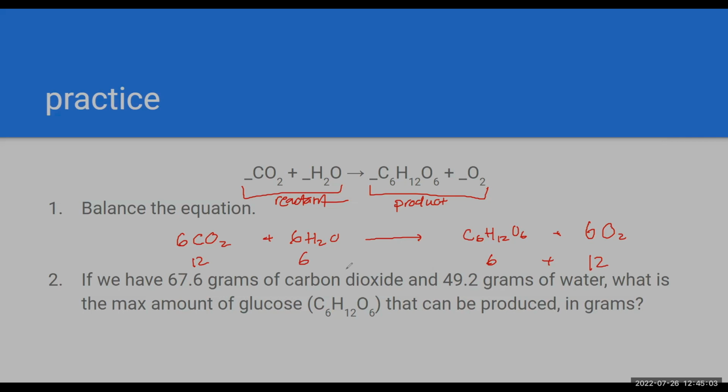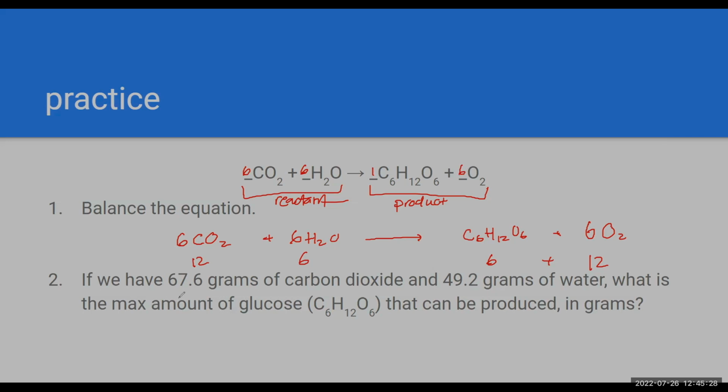So oxygens are balanced out, carbons are balanced out, and hydrogens are balanced out. So that's going to be our balanced equation. It's going to be 6 CO2 plus 6 H2O generates 1 C6H12O6 and 6 O2.